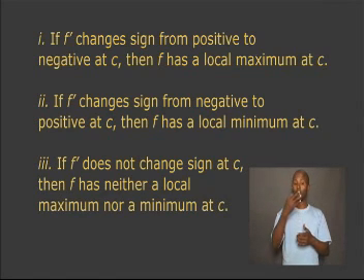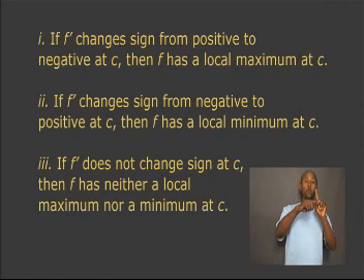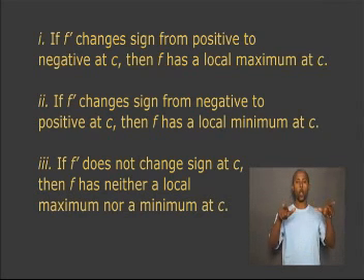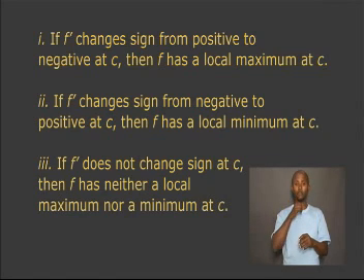If f prime changes sign from negative to positive at c, then f has a local minimum at c. If f prime does not change sign at c, then f has neither a local maximum nor minimum at c. This is called the first derivative test.